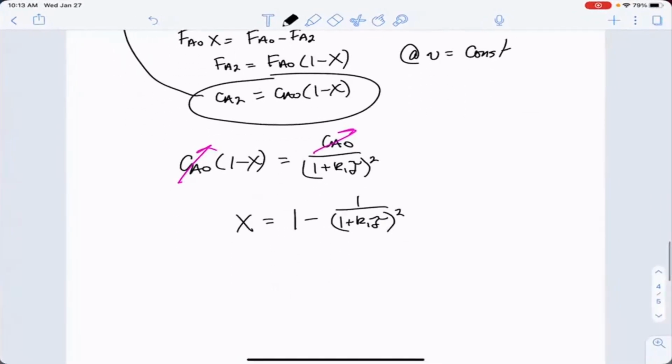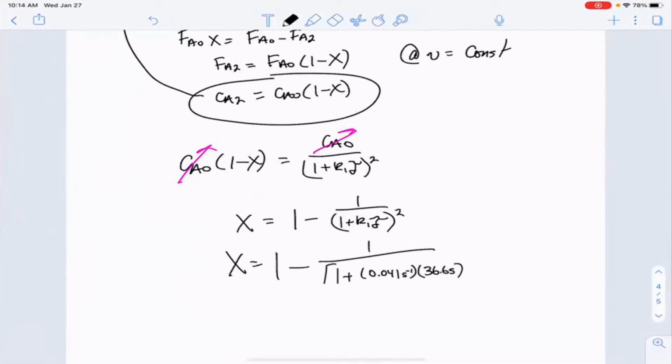And in our problem, we know these. So it's 1 minus 1 over 1 plus, and K1 is equal to 0.041 inverse seconds times tau, which was 36.6 seconds, and this whole thing is squared.